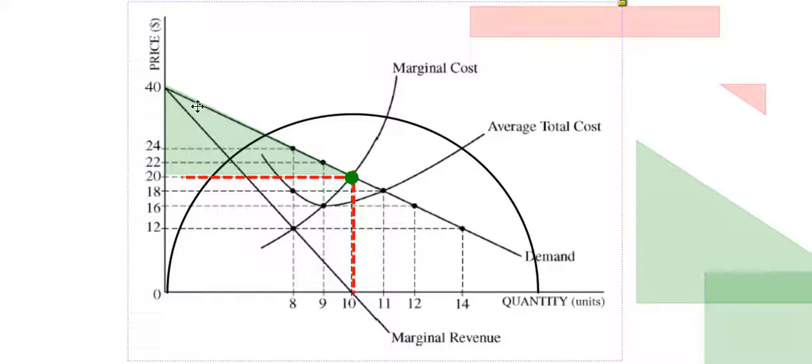Well, because we're charging the prices all along this demand curve, 40, just below 40, because at 40 the quantity is 0, right? Theoretically, if you charged 40, no one would buy it.